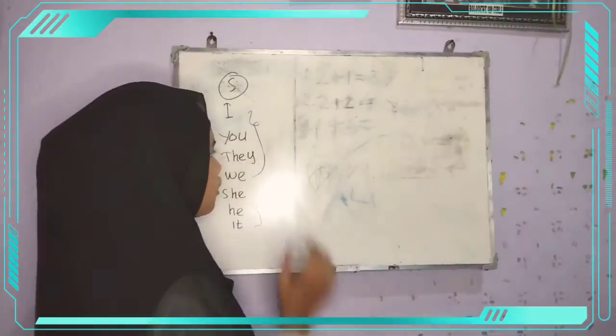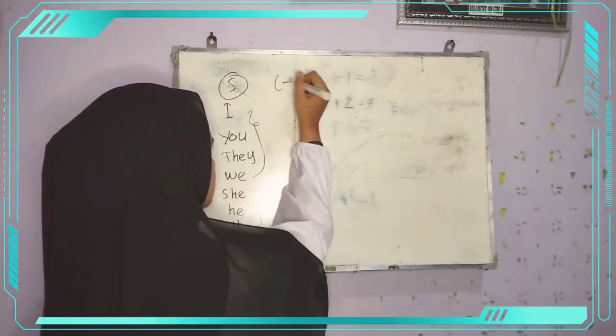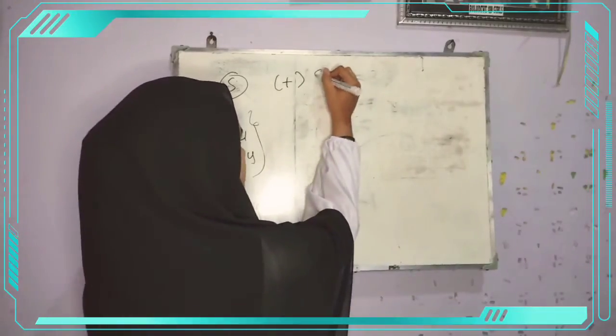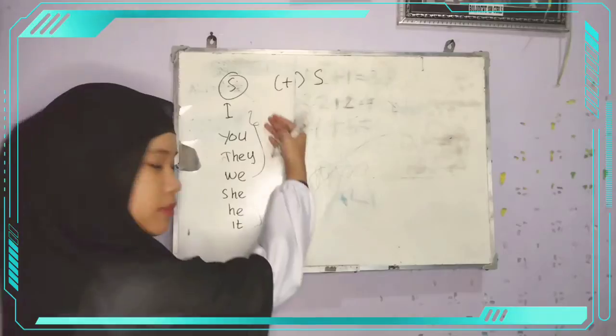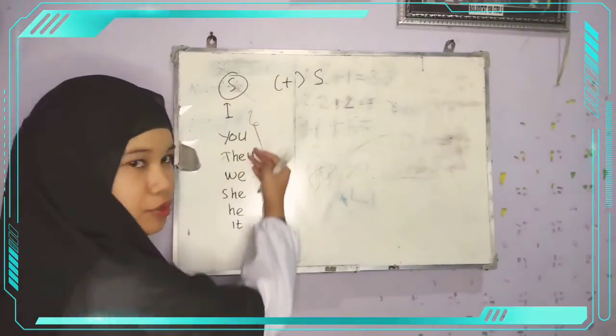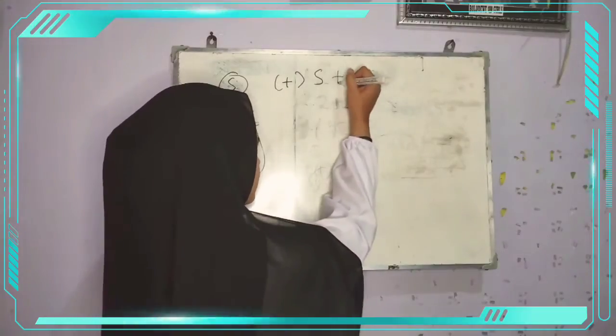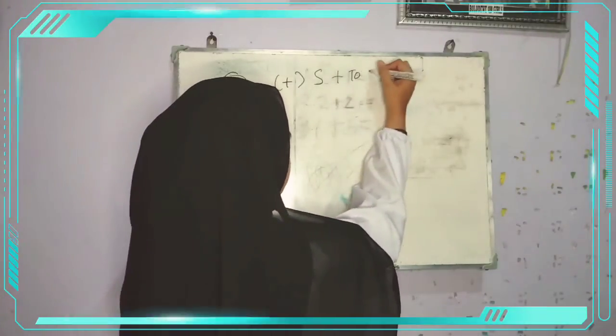The positive pattern of simple present continuous is subject. Do you remember the subject? I, you, they, we, she, he, it. This is the subject. After the subject, to be.